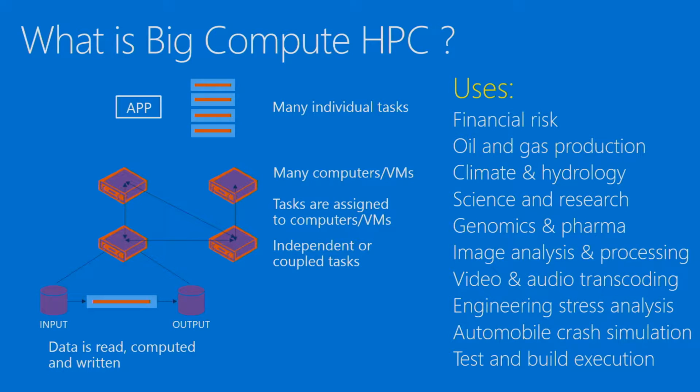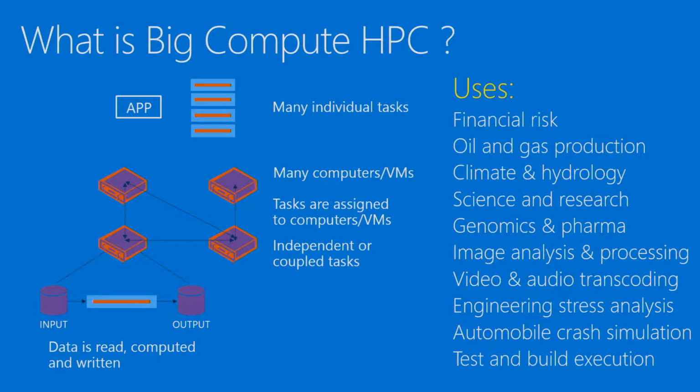Engineering stress analysis, this is my background, automotive crash simulation. Pretty much every automotive company in the world has at least a few thousand cores of HPC that they do. Instead of crashing a car every time, they want to do a simulation and figure out what their NCAP certifications are and things like that to design better cars.